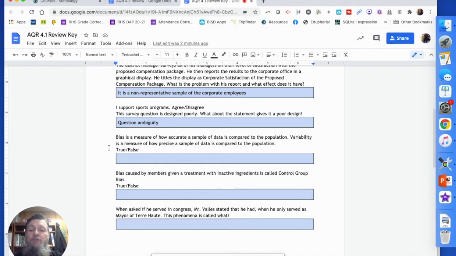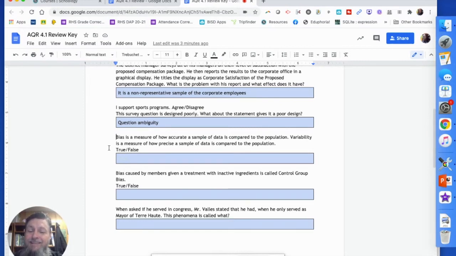Okay, but if for some reason the data shows that it's not close to what the population seems to be, then that's high bias. So in other words, it's not accurate. So bias is a measure of how accurate.